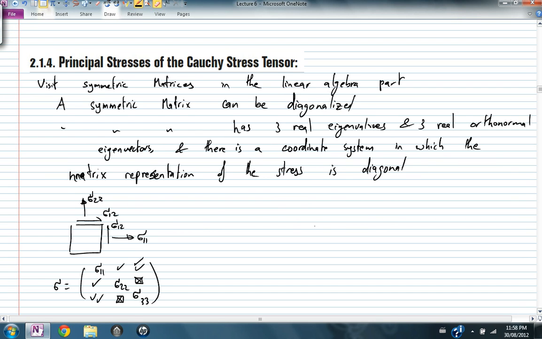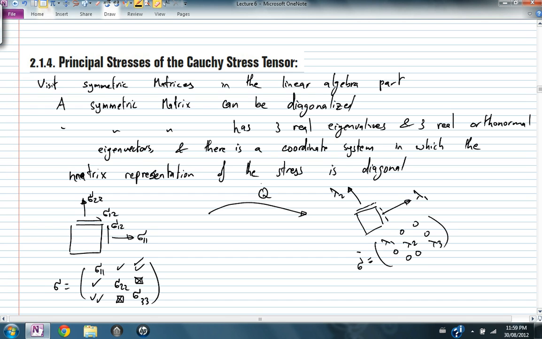There is another coordinate system Q where here I'm going to put lambda 1, here I'm going to put lambda 2, where these are the eigenvalues of the matrix sigma, and in this coordinate system sigma is in fact equal to lambda 1 0 0, 0 lambda 2 0, 0 0 lambda 3.